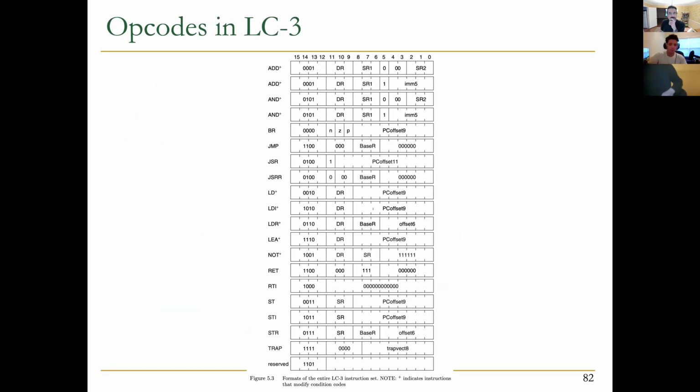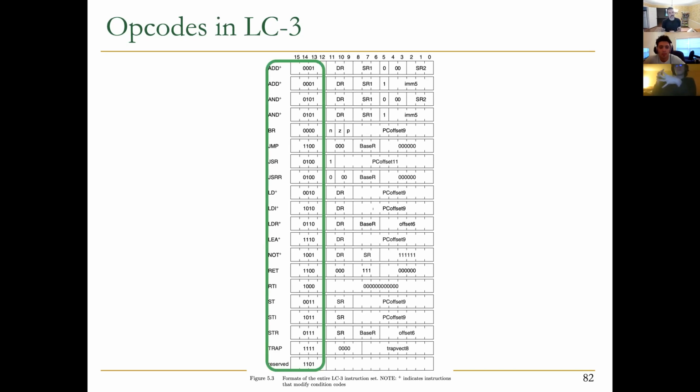So this is part of the ISA of LC3. You see all of these instructions. So this is the instruction set of LC3. This is not obviously the whole ISA, but only the instruction set of LC3, which you see here, a bunch of different instructions and their particular encoding.